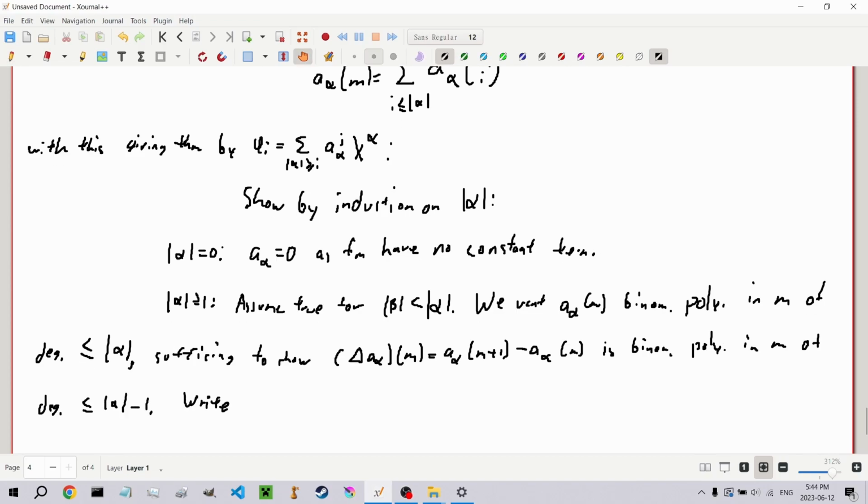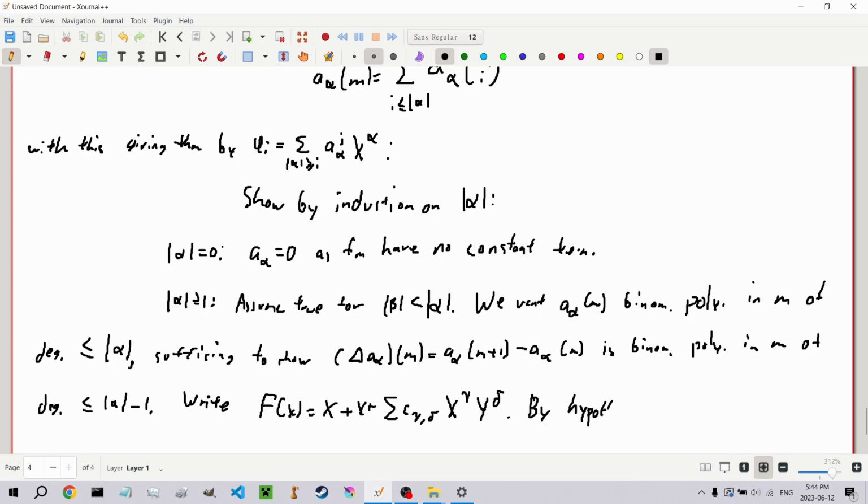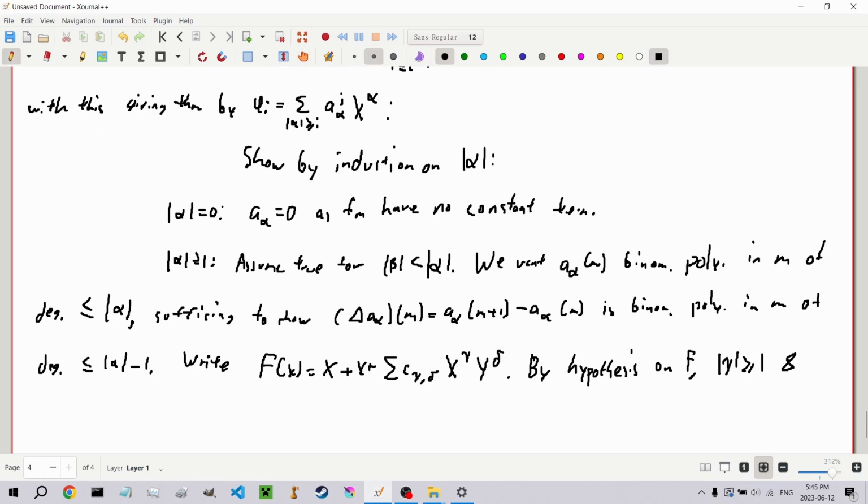We're going to write f of x being x plus y plus higher terms with coefficients c_(gamma,delta) times x^gamma times y^delta, by hypothesis on f. The range is delta has to be at least 1, and the size of the sum of gamma and delta has to be at least 2.